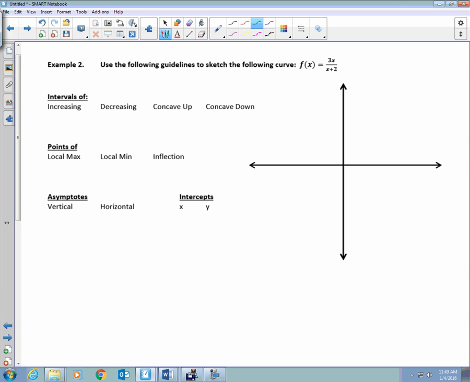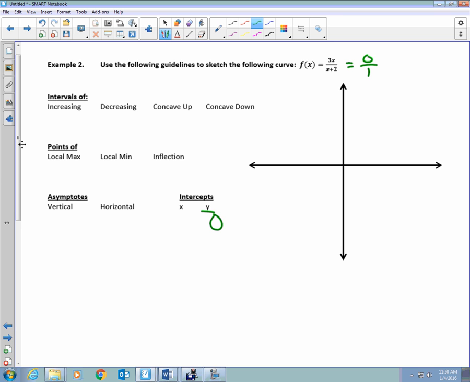Okay, we look for the intercepts. To find the y-intercept, I plug in 0 for what? If x is 0, I get 0 over 2, which is 0. I want to find the x-intercept, so I set the function equal to 0. If you say it's equal to 0 over 1, you would cross multiply.